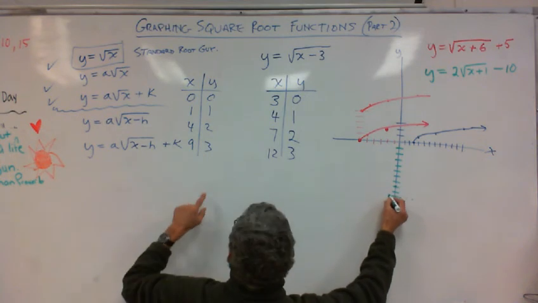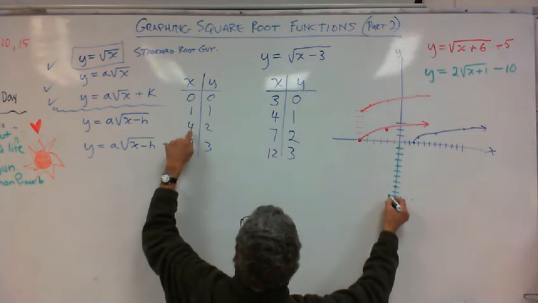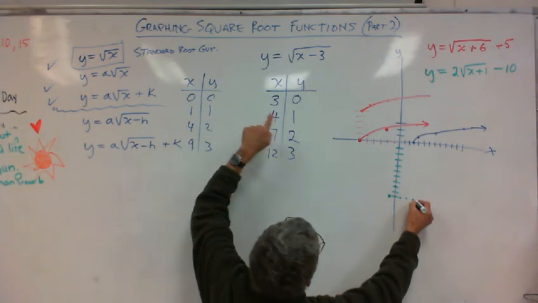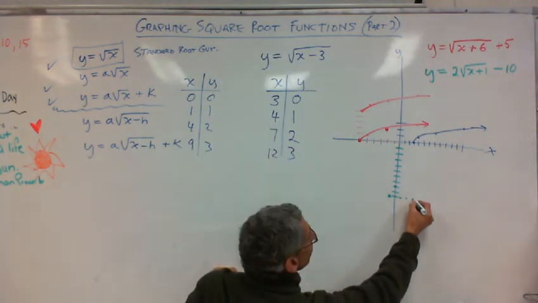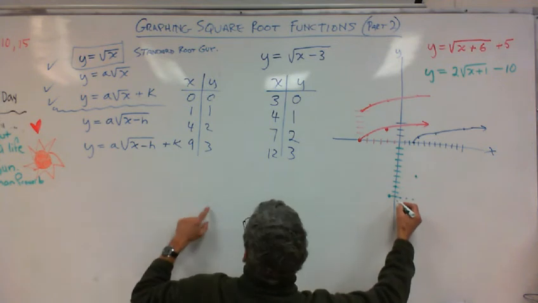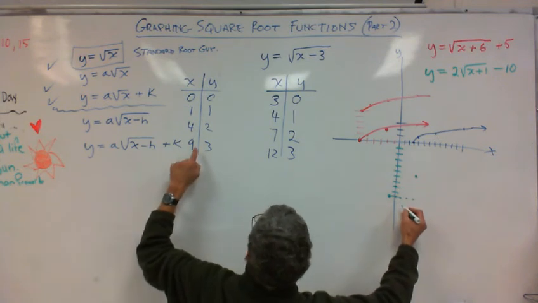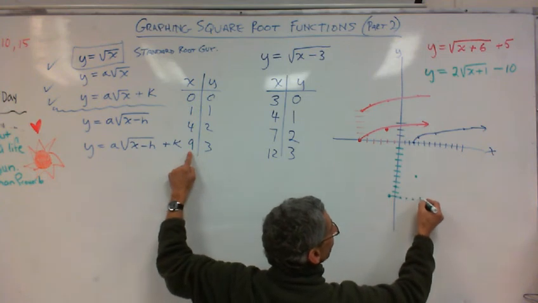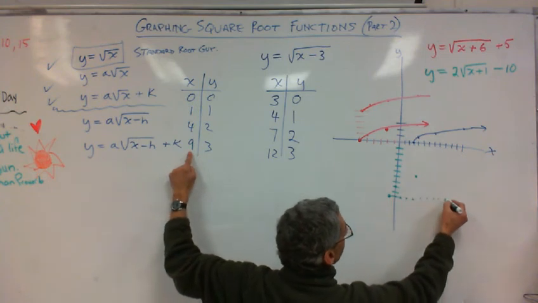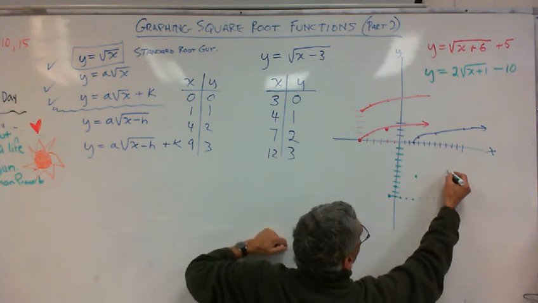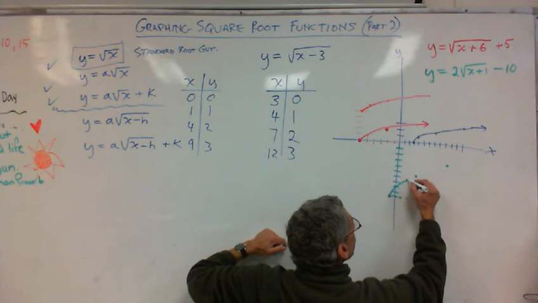And then from back over here, I'm going to go over 4. 1, 2, 3, 4. Up 2 times 2, so I'm going to go up 4. Right there, right? And then over 9. 1, 2, 3, 4, 5, 6, 7, 8, 9. Up 3 times 2, up 6. So like there. So here's my graph.